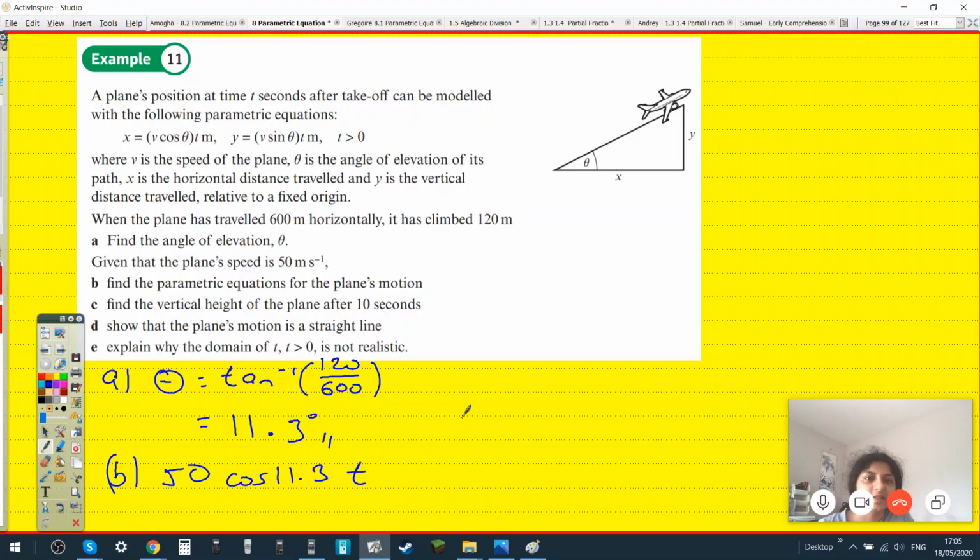And then y is 50 sin 11.3 t. Find the parametric equations for the plane's motion. So that's equals x, that's equal y.